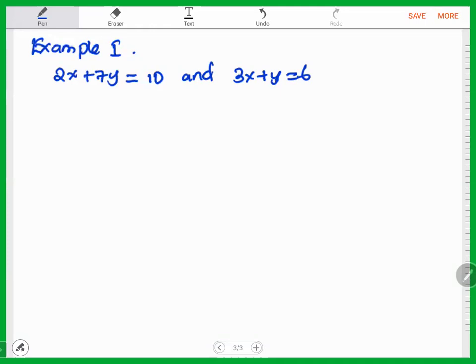So those are the two equations. We will write them and subtract: 2x plus 7y equals 10, 3x plus y equals 6. We have 1 and 2.